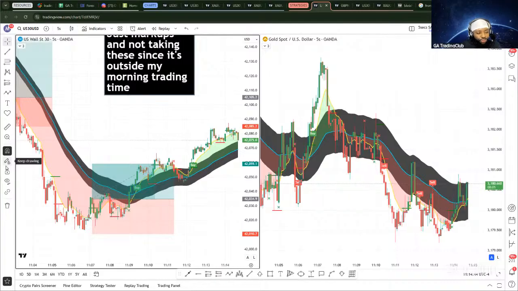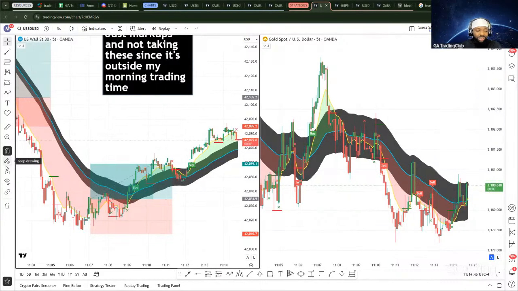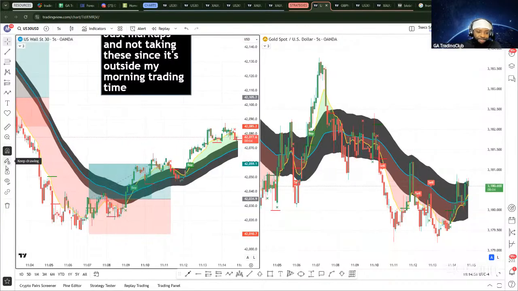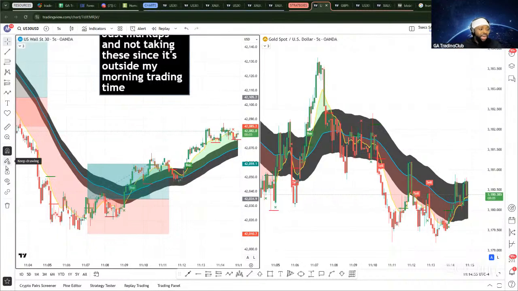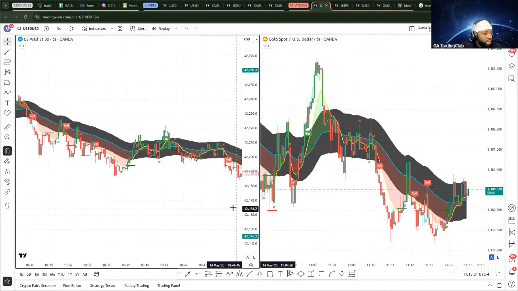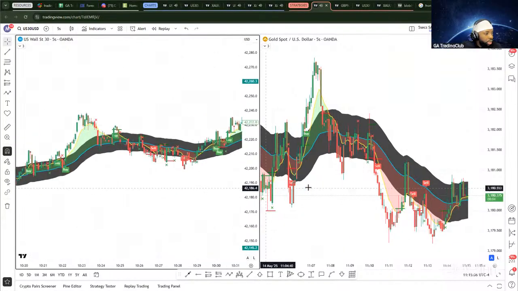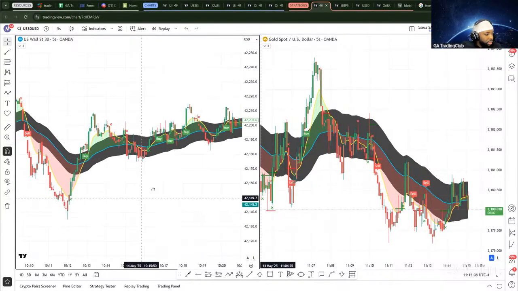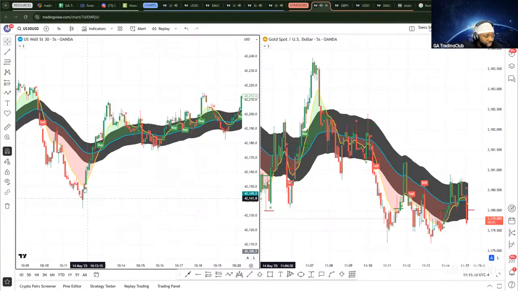For the 5 second change of structure losing and the other one winning, that happened like today. Let me show you guys. That will happen when we have a push in price. So for example here, let's just take this as an example.